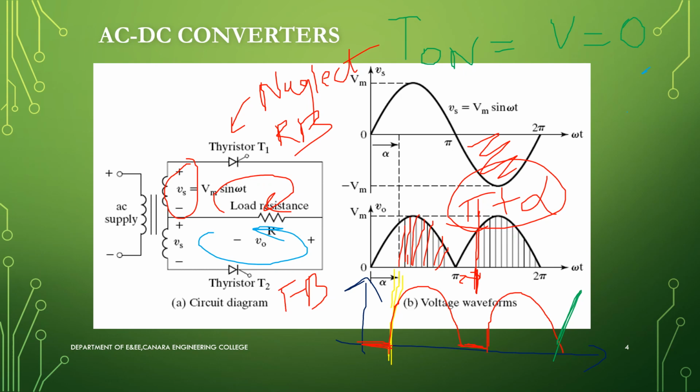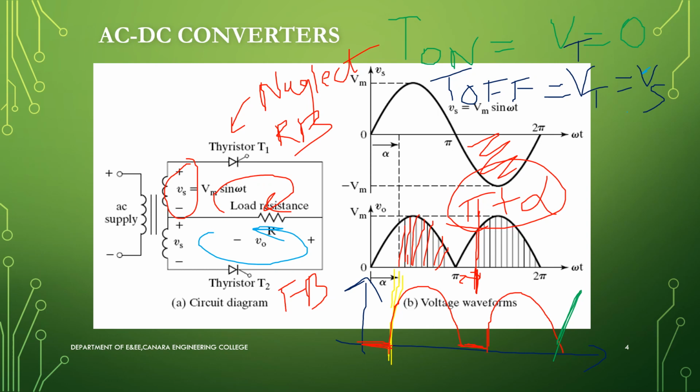Clear? If the thyristor is off, the voltage across the thyristor we take as almost equal to the supply voltage. This you have to remember. Is that clear? So this way of controlled rectification, which occurs due to applying the gate signal, is called controlled rectification.